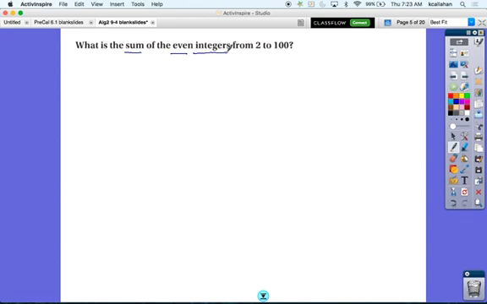So what is the sum of the even integers from 2 to 100? That's saying, what is 2 plus 4 plus 6 plus dot, dot, dot, plus 96 plus 98 plus 100. Leaving out all the terms in between 6 and 96, it's the sum of all those numbers.